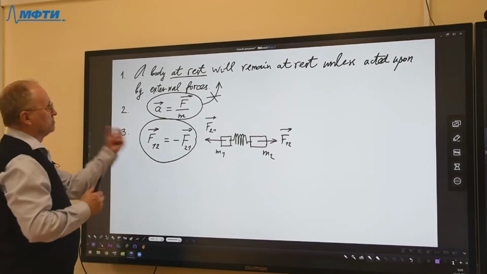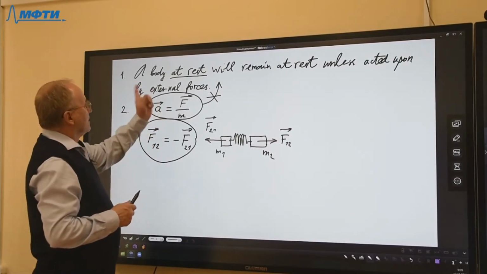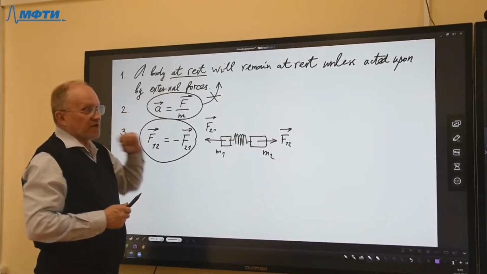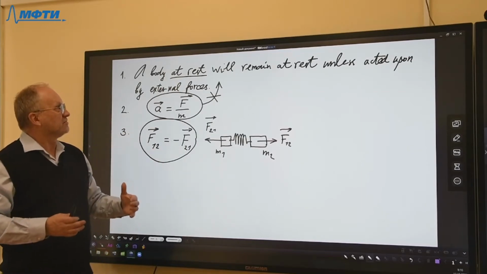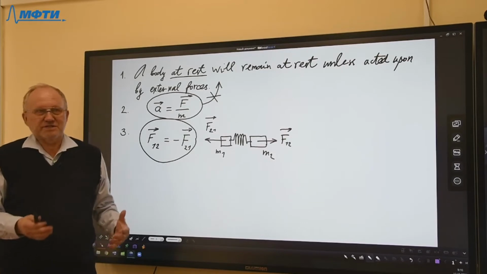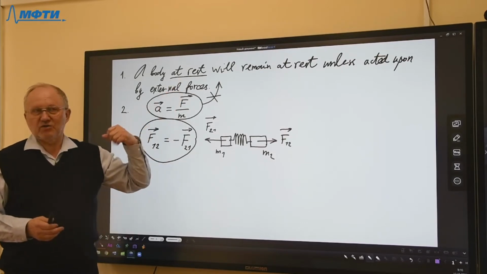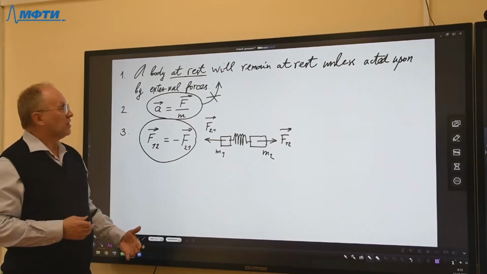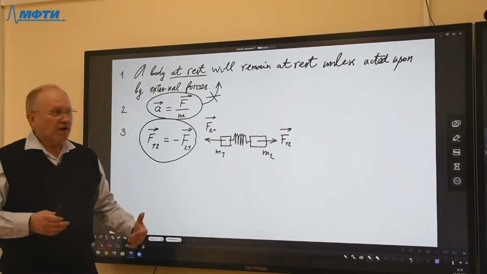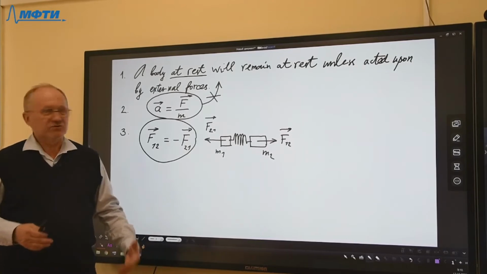Why so? Because, think about it, if the body is at rest, how can we measure the state of rest of the body? How can we make sure that its velocity remains 0? Only by introducing a coordinate system, a reference system.